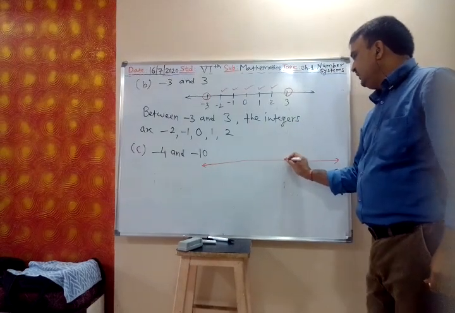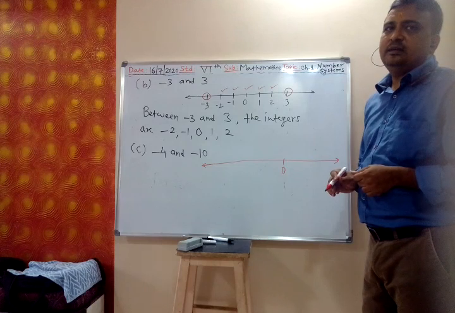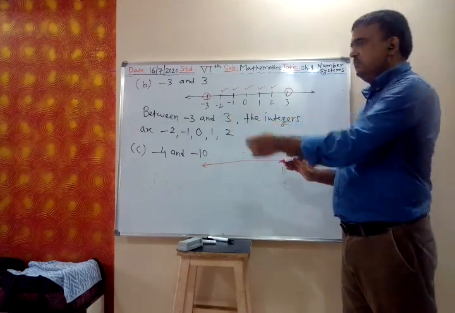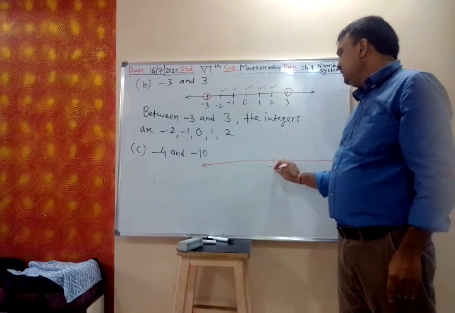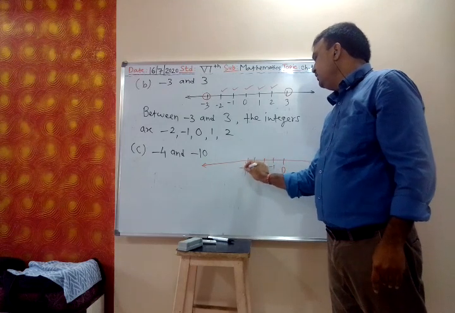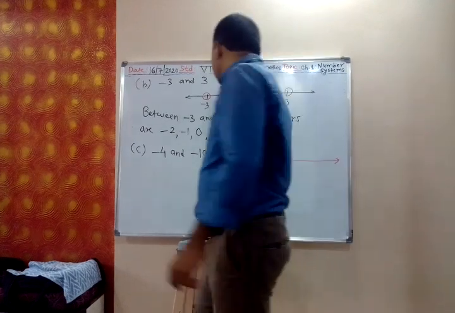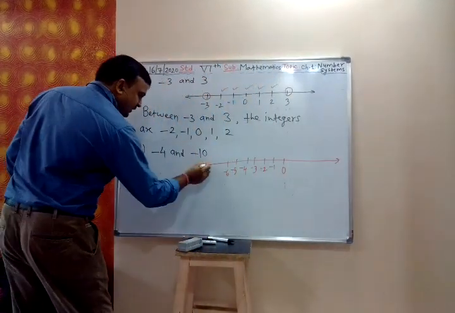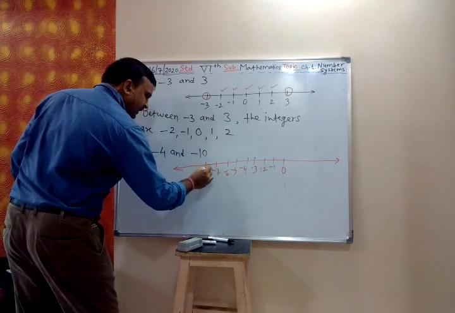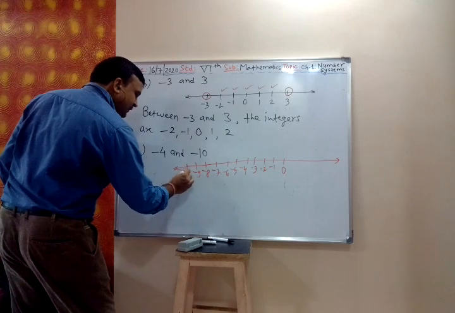So this is 0 somewhere. Then where is minus 4? Tell me, where is minus 4? To the left of 0, no? So this is minus 1, minus 2, minus 3, minus 4, minus 5, minus 6, then minus 7, minus 8, minus 9, and this is minus 10.